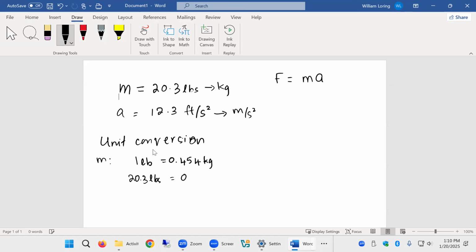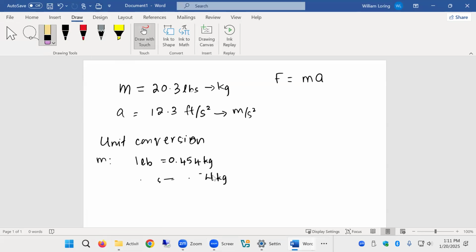I just need to multiply 0.454 kilograms by 20.3 pounds. We are doing a unit conversion. So 1 pound is 0.454 kilograms.